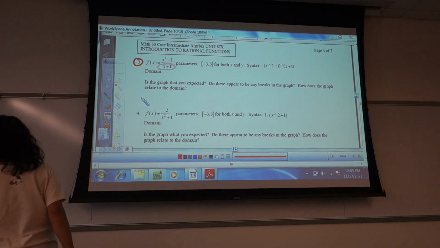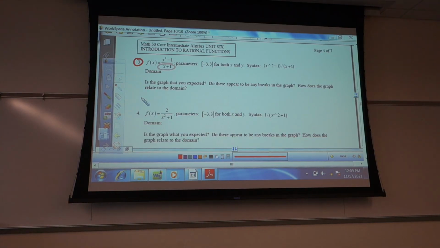So the first one: we have x plus 1 can't equal 0, so then x can't equal negative 1. The next one is x squared plus 1 can't equal 0, but then if I subtract 1 from both sides, I get x squared can't equal negative 1.